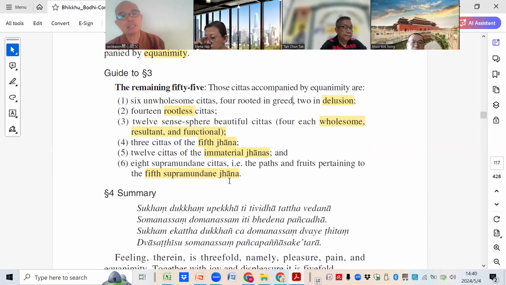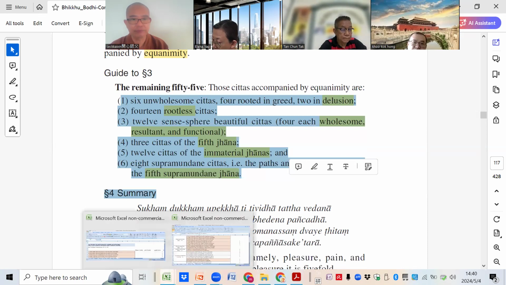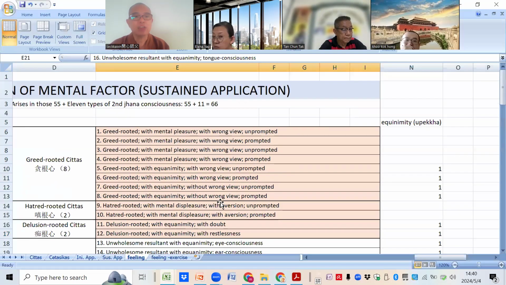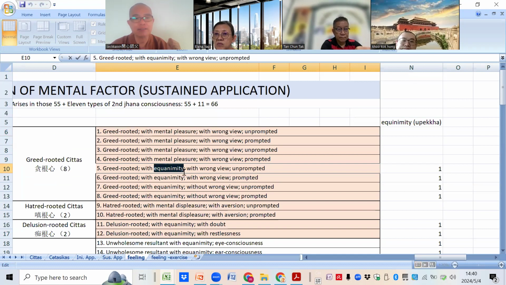So, okay, class, if that's the case, can we conclude that among all the feeling here, the karma with mental pleasure will be heavier than with equanimity?